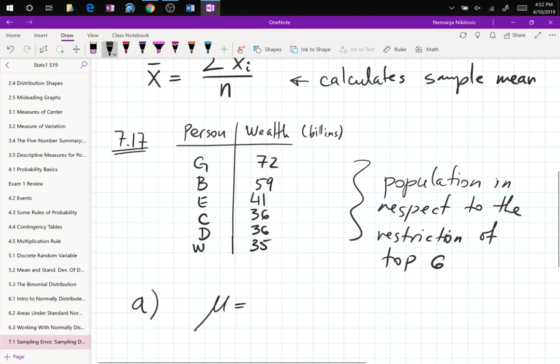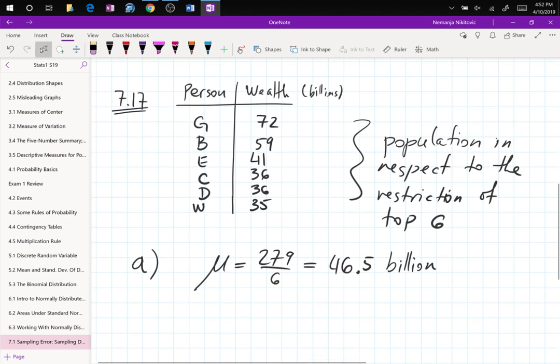Because population mean is mu. You get to add all of these numbers and divide by 6. So 279 divided by 6, and you said that the average is 46.5. Yes, we are only allowed to list one decimal place because our data had no decimal places. You are only allowed to give a single decimal place on that one.